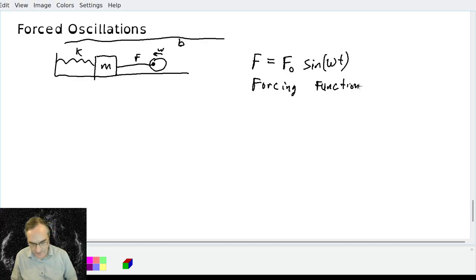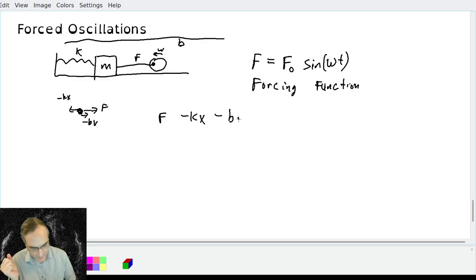Alright, so if we think about the forces that are acting on the mass, we're of course going to have our forcing function acting on it. We'll have our minus kx, and in one direction or another we'll have our minus bv. So it's pretty similar as far as the setup goes. So we might have F minus kx minus bv equals ma, and when we rearrange it, this one's going to look a little bit different.